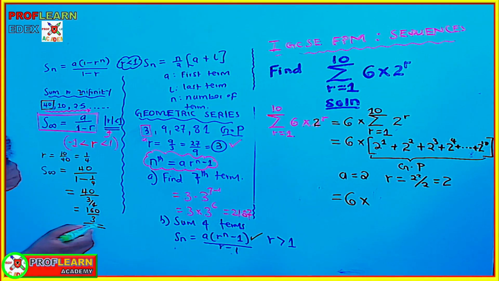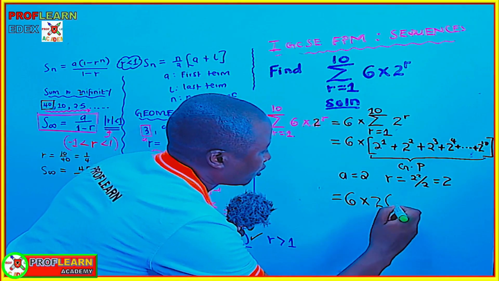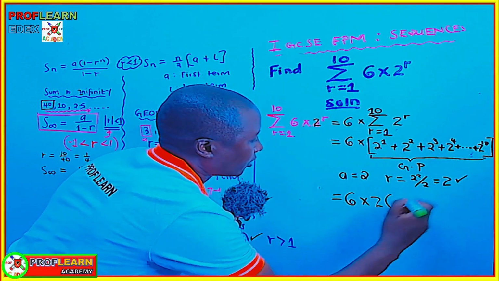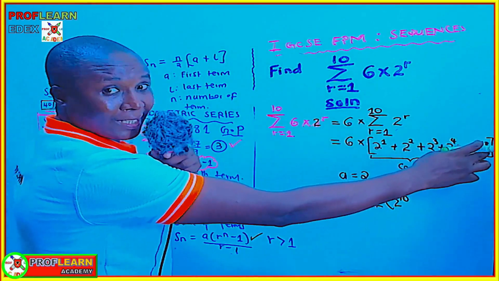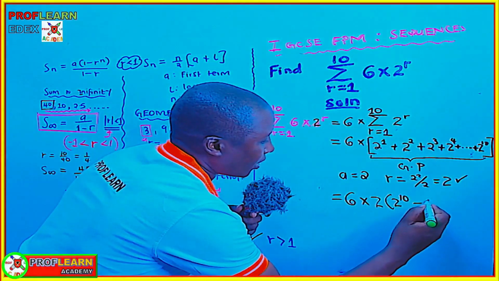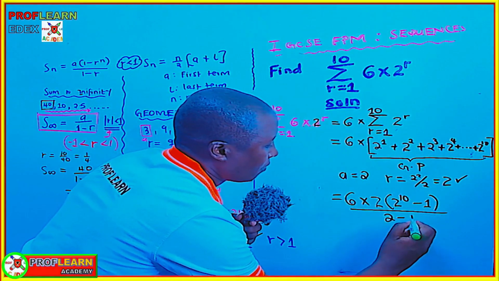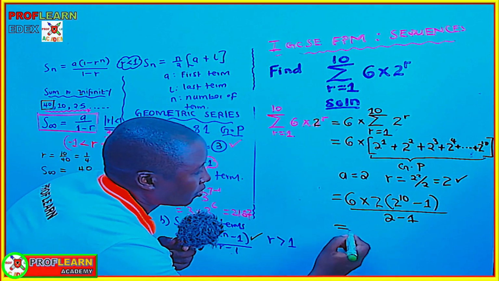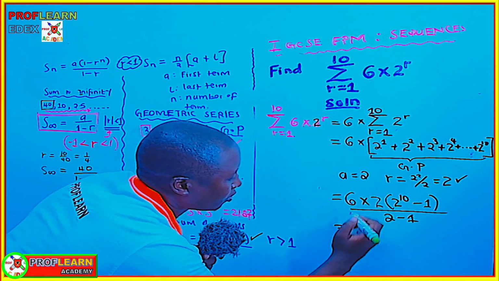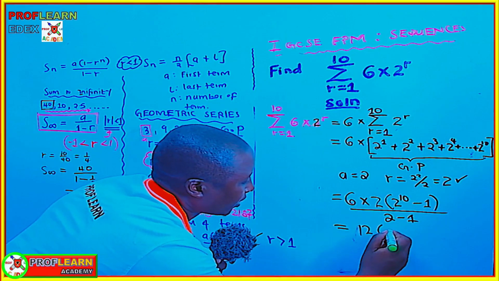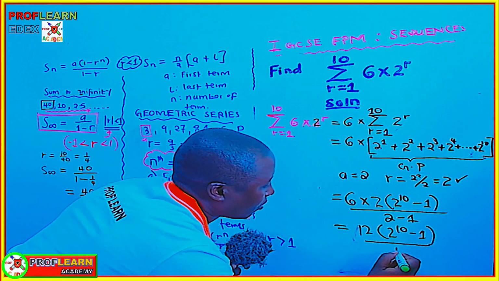So first term is 2 into bracket, common ratio is this one, 2 raised to power 10, because we are going to do the sum up to 10 terms, then minus 1 into bracket r, which is 2 minus 1. So this is going to translate to 6 times 2, that's going to be 12. So 12 into brackets 2 raised to power 10 minus 1 over 1.